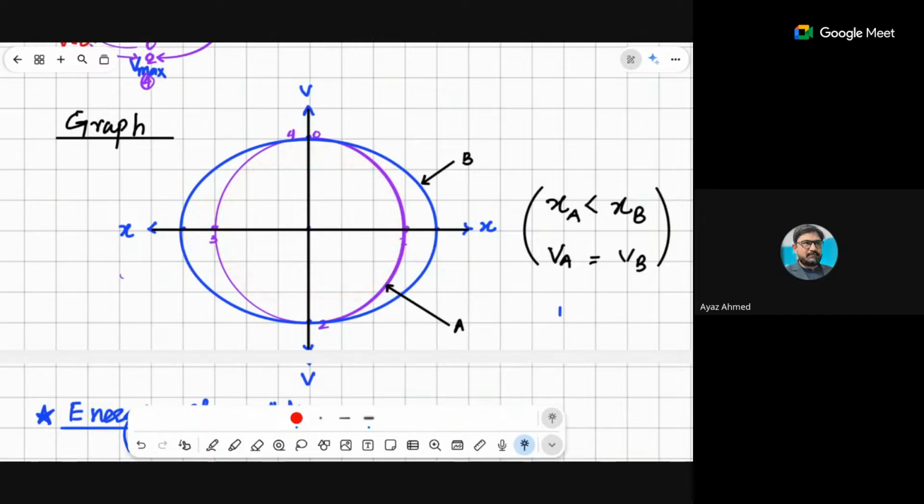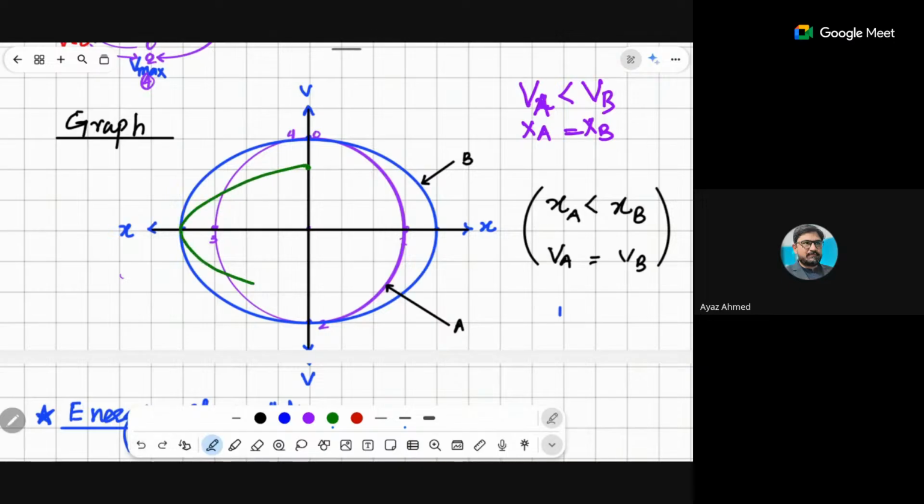Is this clear? And in the same way, if I want to draw another one, where the velocity of A is less than the velocity of B, but the displacement of A is equal to the displacement of B, what type of graph will you draw? The velocity will be decreased, displacement will be the same. So your graph would be something like this.